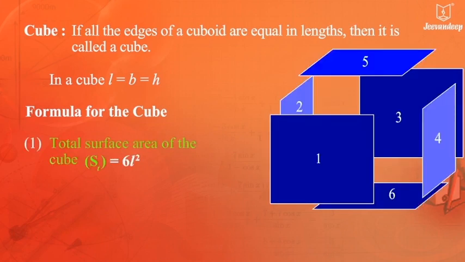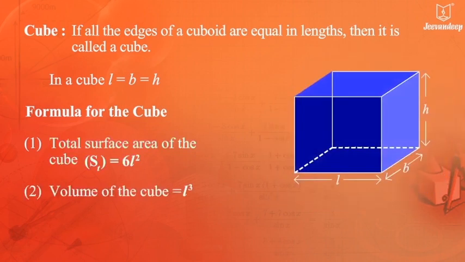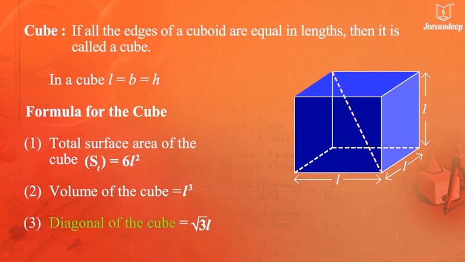Total surface area of the cube ST is given by 6L square. 2. Volume of the cube is given by L cube. 3. Diagonal of the cube is given by root 3 L.